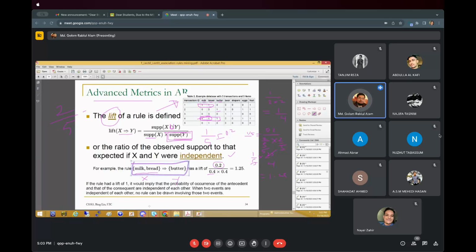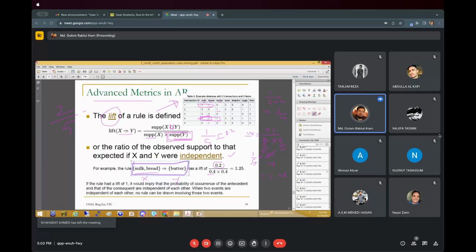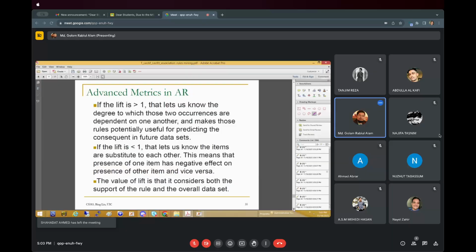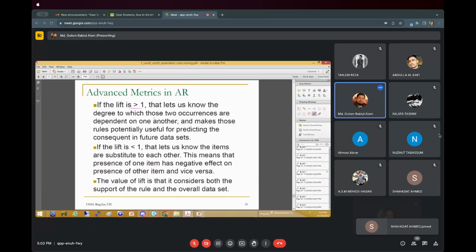But what else can we mention from our lift calculation? If lift is greater than one, then it tells us the degree to which those two occurrences are dependent on one another. So it means those rules are potentially efficient.